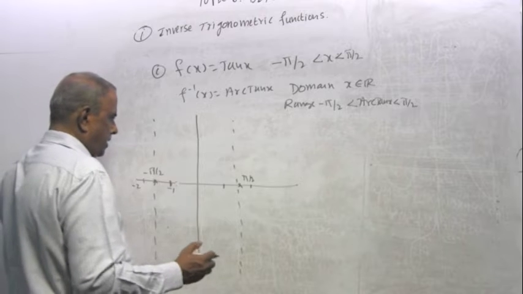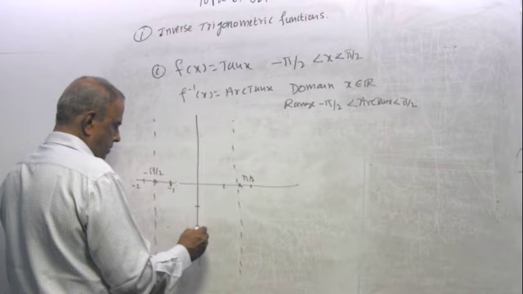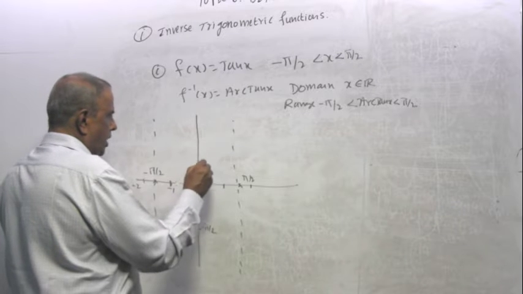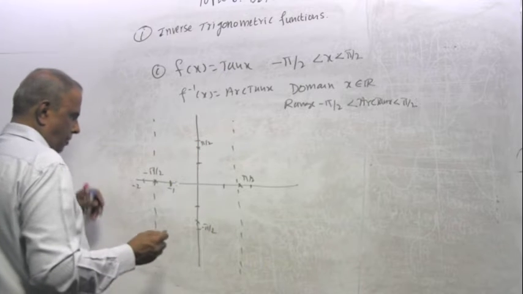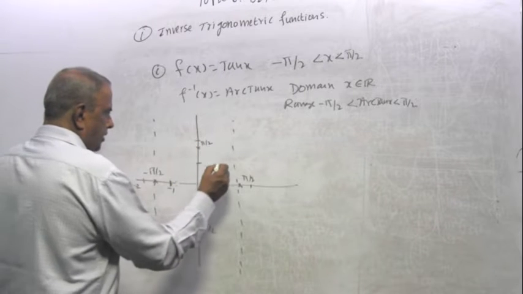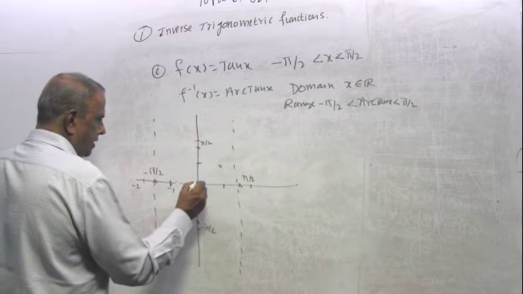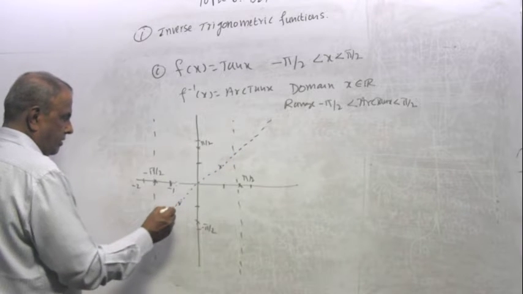Then minus 1, minus 2, so that's minus pi over 2. That's 1, that's 2, that's pi over 2. I'll draw the line y equal to x.